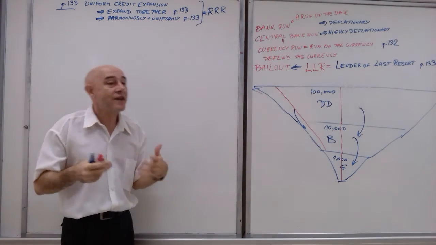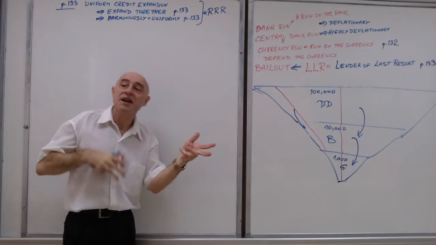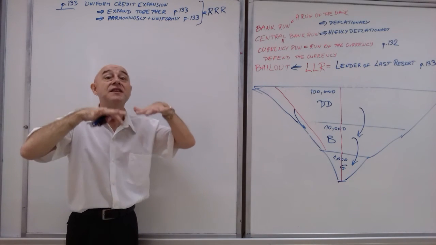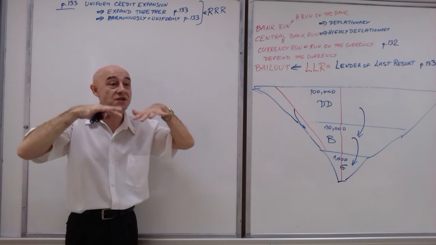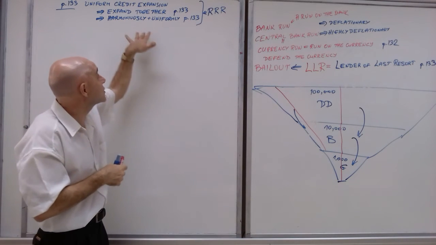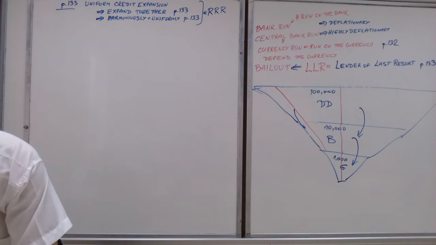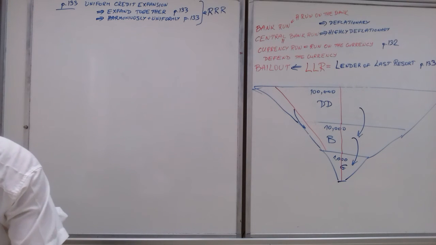Now, maybe one commercial bank will grow at 6 and another at 8, and a third one at 7. But the differences between growth rates of commercial banks will be minor.